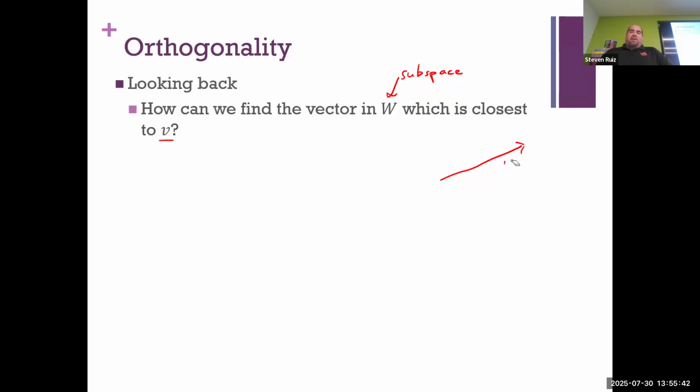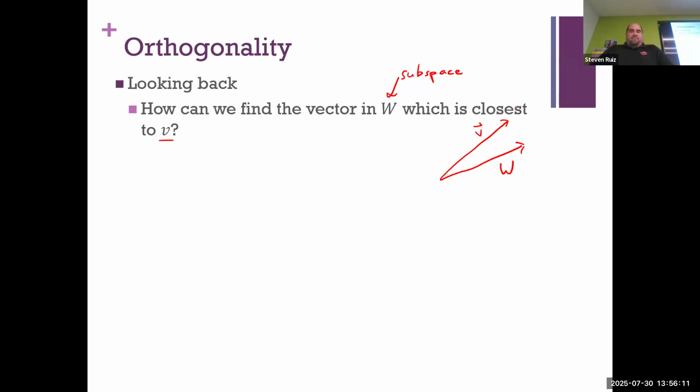I've been calling this vector by its name, just as a vector, but now I'm going to just call it W. I'm going to let this one vector represent the entire subspace that's spanned by all the vectors in its basis. And I want to find the vector in W which is closest to V. Is this something we know how to do?